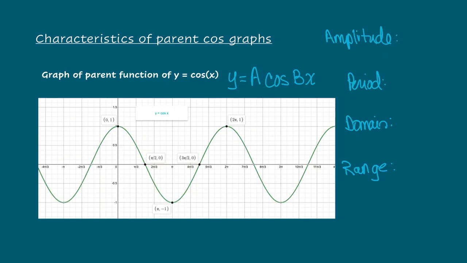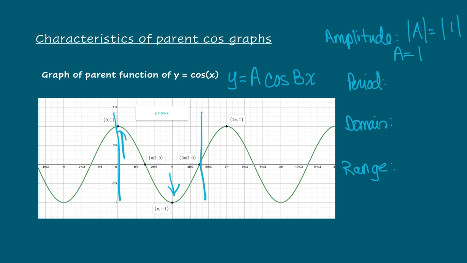For my cosine function, I have the same values. My amplitude, I have a max value of 1, a minimum value of -1. So my value for a, the absolute value of a, is an absolute value of 1. A equals 1. The period, I complete one full cycle between 0 and 2 pi.